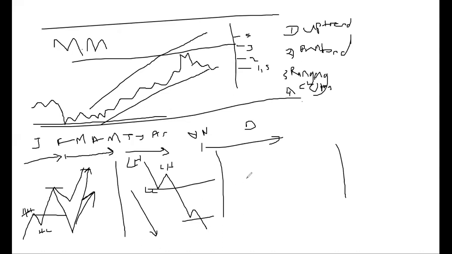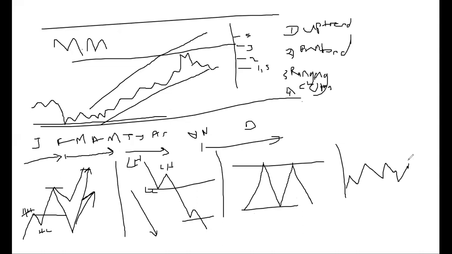Now the ranging market. When we are in a ranging market, we're saying that the market is creating higher highs and lower lows, constantly ranging within two parallel levels. Then the choppy market does not have any shape.